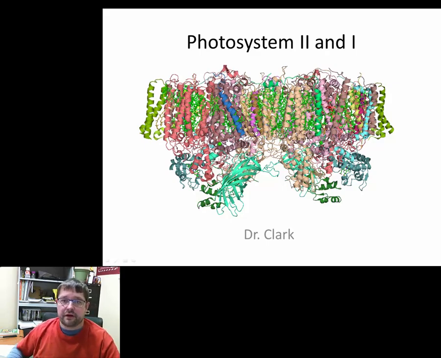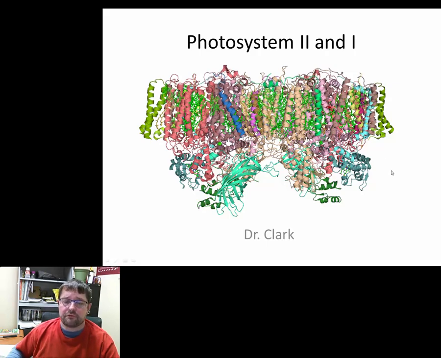Now, this is a diagram, a model of Photosystem II's P680 site. And so, we'll talk more about what the P680 site means. It means photon 680, or 680 nanometers is the maximum photon wavelength that this antenna complex can pick up.